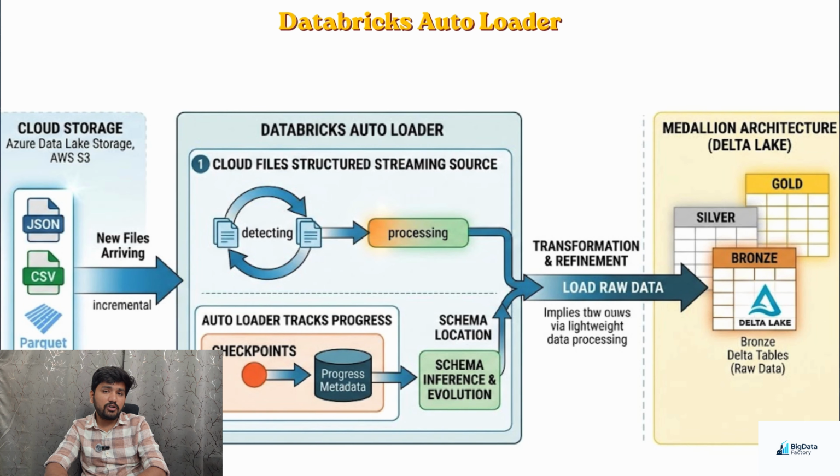Autoloader tracks progress using checkpoints and supports schema evolution and schema inference using a schema location. That is a strong answer. Because you are not just saying autoloader loads files, you are explaining what problem it solves, where it fits, how it tracks progress, and why it matters in production ingestion.